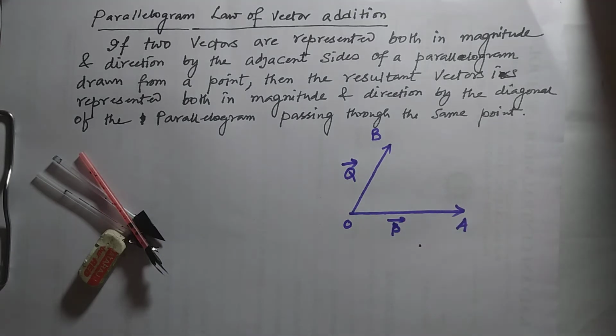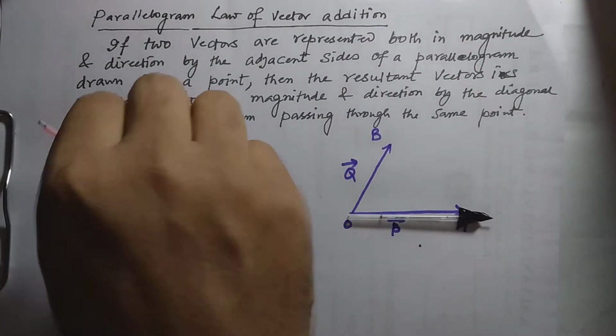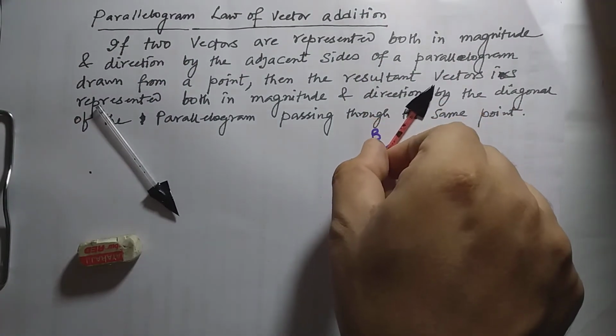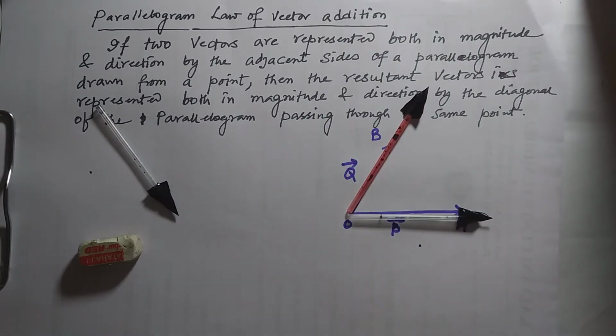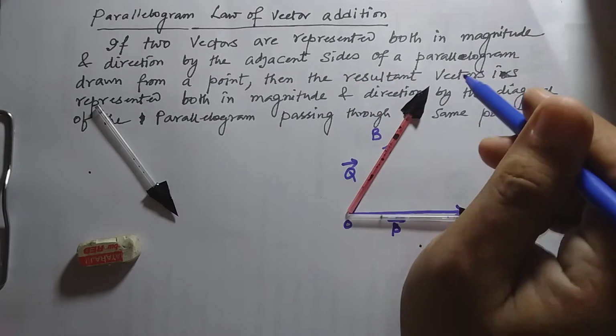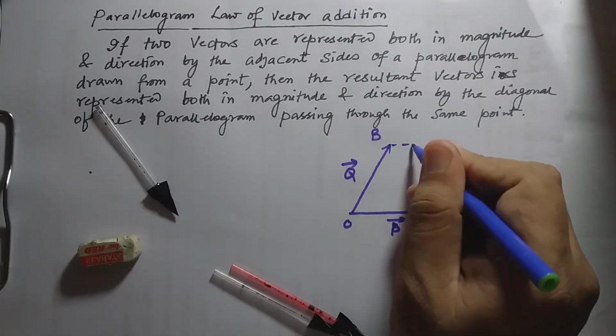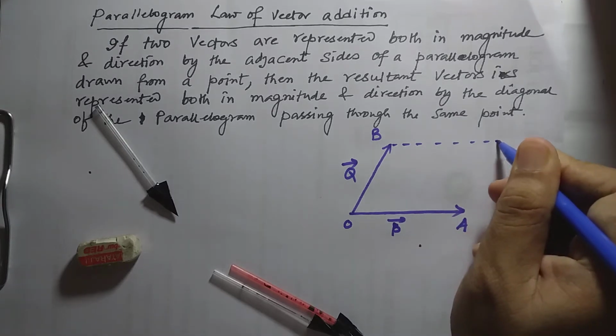So what is the resultant vector? I told you, if one vector is working in this direction and the other in this direction, then what is given here? If the two vectors are represented both in magnitude and direction by the two adjacent sides of a parallelogram, first we'll make it a parallelogram.